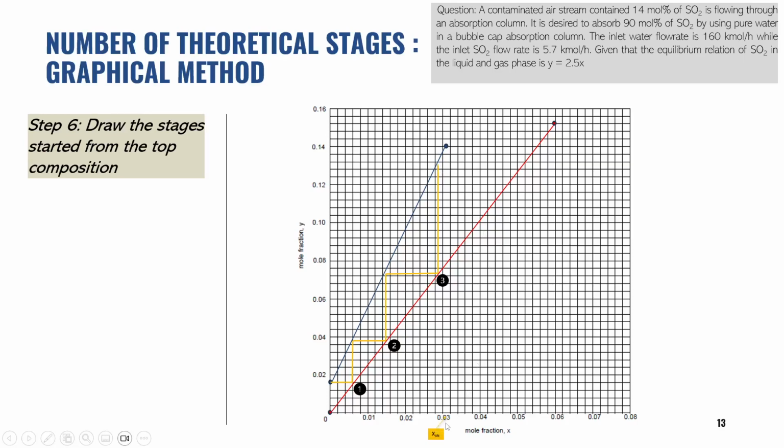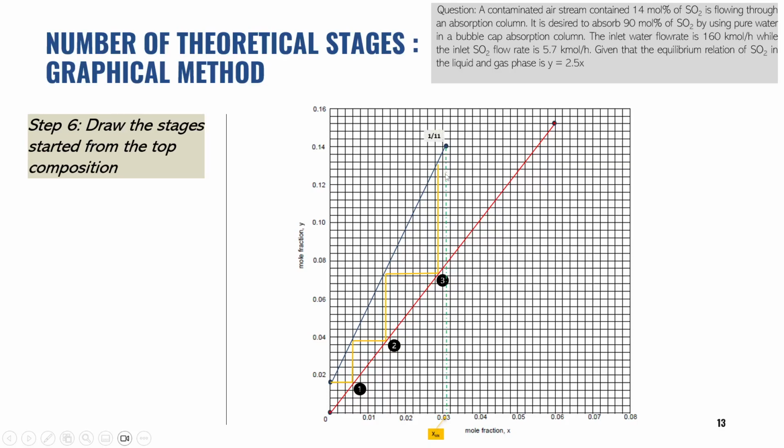Since XAN is 0.031, the process should stop here, but the stage count is not exactly 3, it is 3.3 stages. We need to evaluate the fraction of the stage here to give us the exact number of stages required to separate the process.